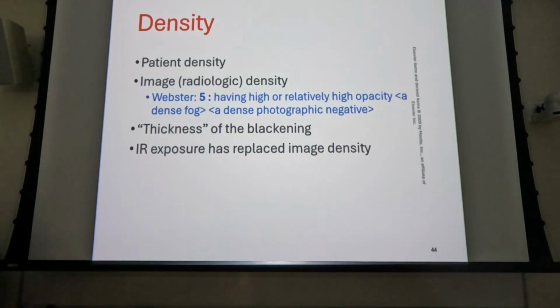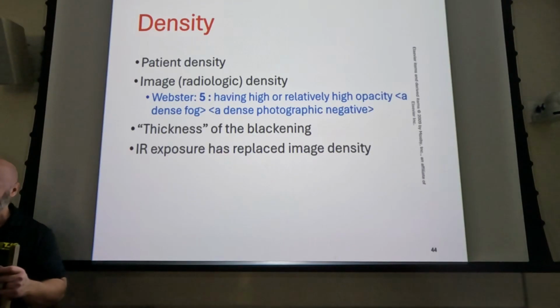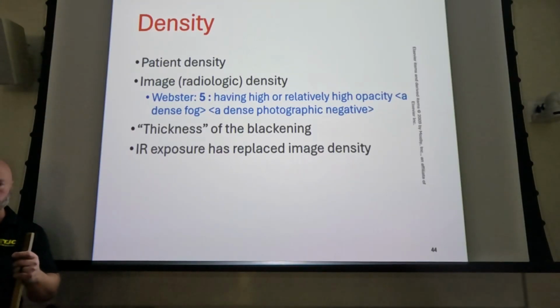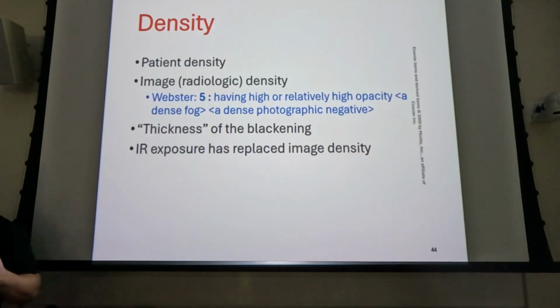It's not compact enough to absorb all those X-rays. So you have 4 types: air, fat, soft tissue, and bone. Those are your 4 tissue types, and that's the order they go from least to most dense.